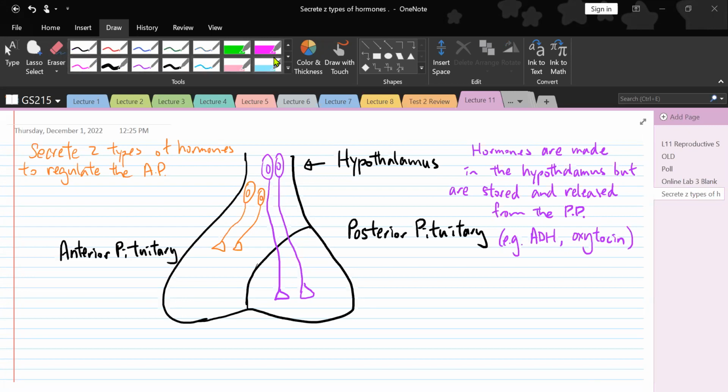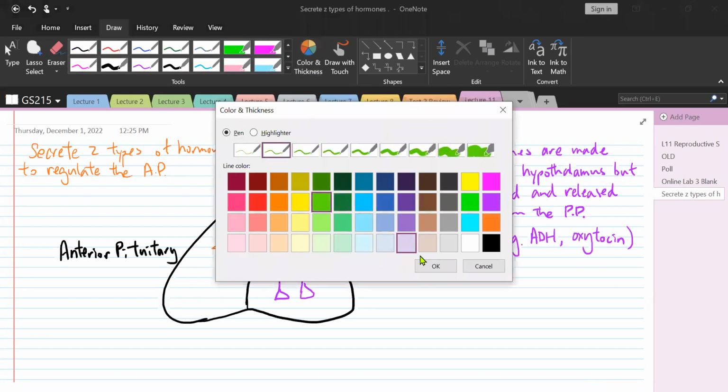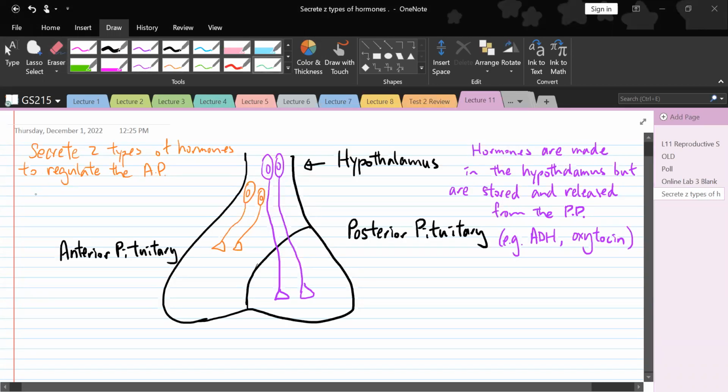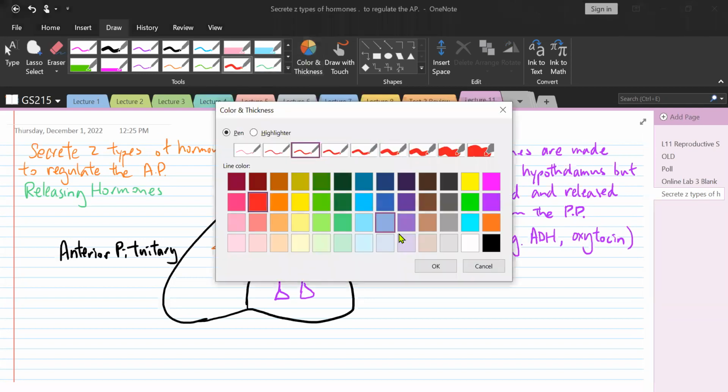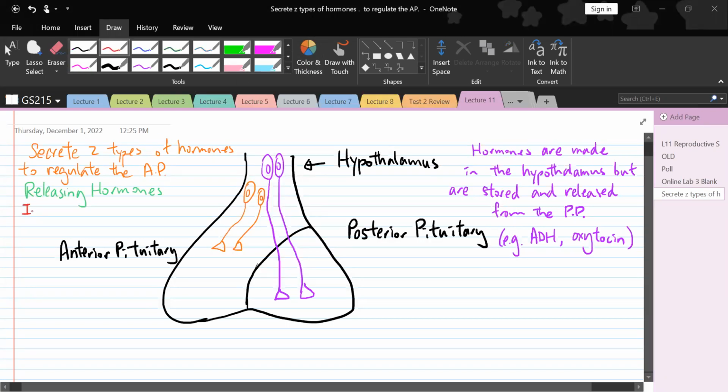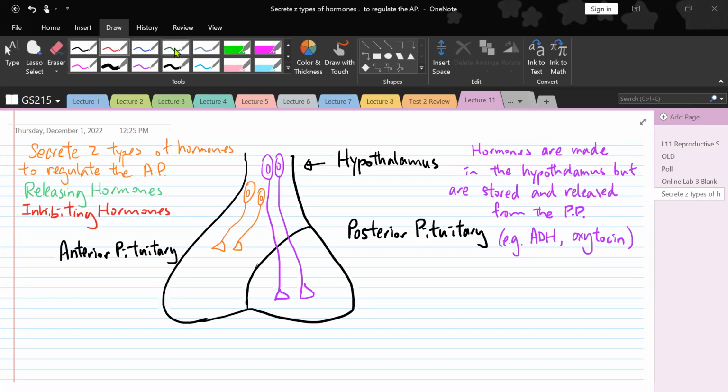One group of hormones is called releasing hormones, and the other group is called inhibiting hormones. That should be self-explanatory.